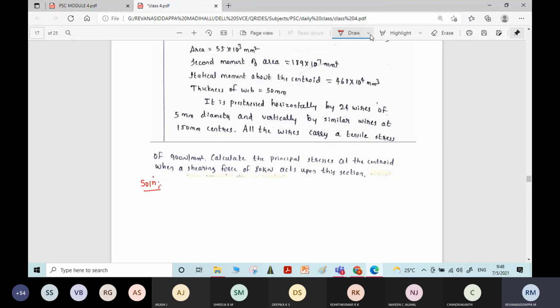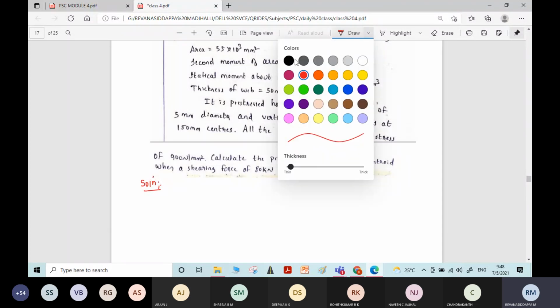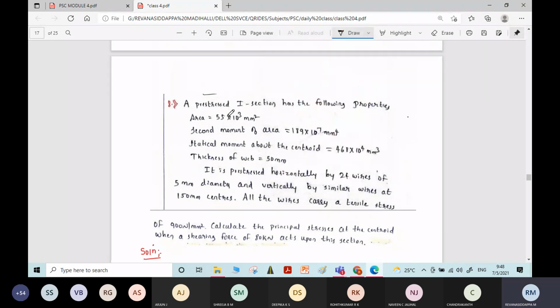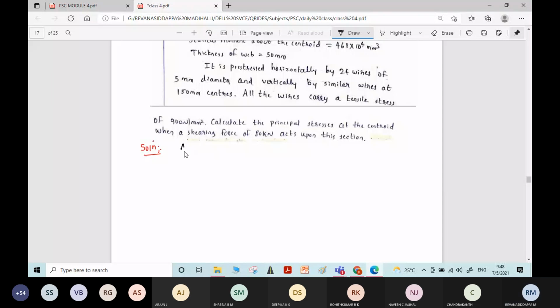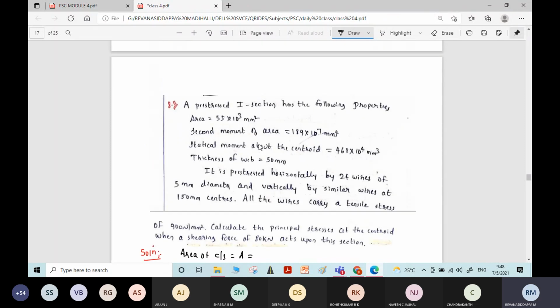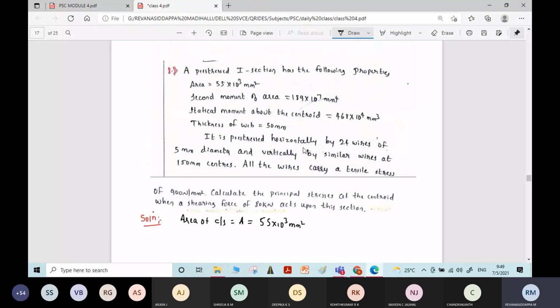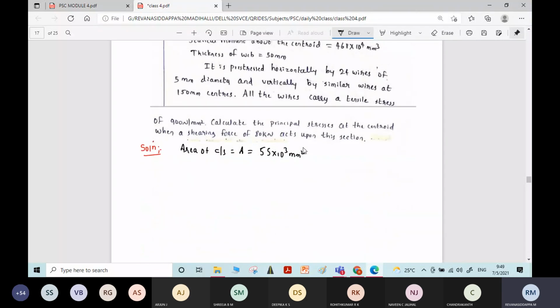First you write all the given data, whatever it is given in the problem. Area of cross section A equal to 55 into 10 power 3 mm square. Then second moment of area, which is nothing but AY bar.